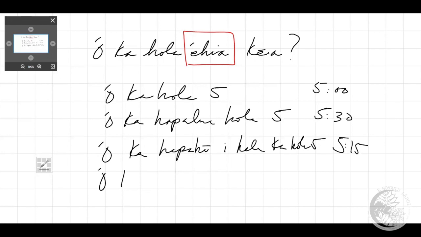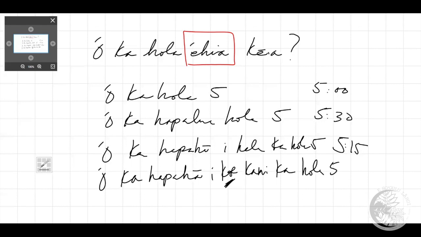And the last one, o ka hapaha I koi, remains again, kani ka Hola ʻelima, would make it, in fact, a quarter before 5, or 4:45. A quarter remaining before the hour 5 sounds. And those are the basic ways of expressing time.